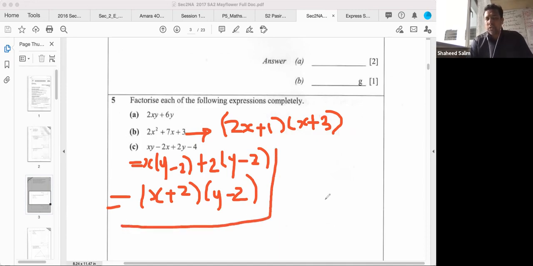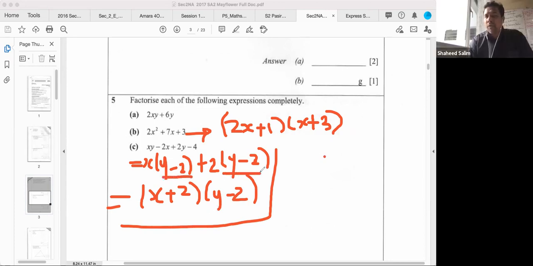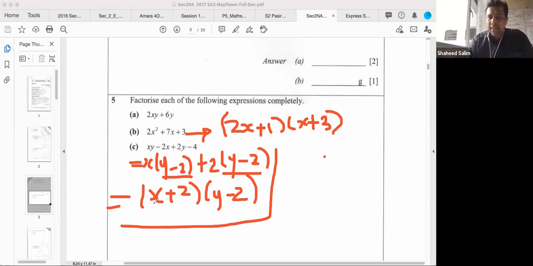Are you confused? Okay, if you're confused, I'll just show you now. Let's say x, y plus 2, y minus 2, then y minus 2. Both of them now share the same thing. So we take it, we put it inside a bracket, y minus 2, and this, we bracket it up. If you don't believe, we times. x times y, xy. x times minus 2, minus 2x. 2 times y, 2y. 2 times minus 2, minus 4.